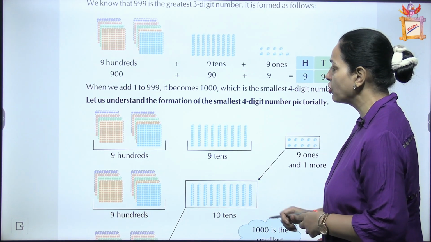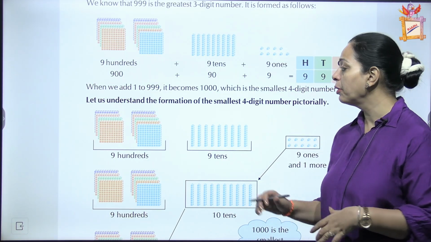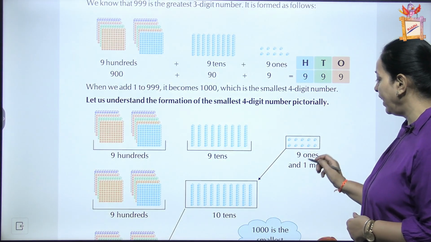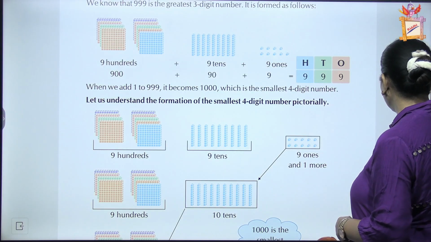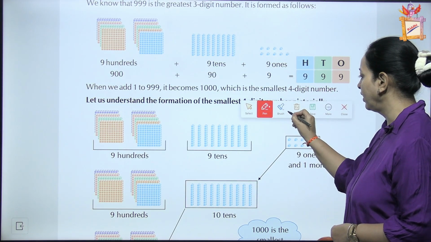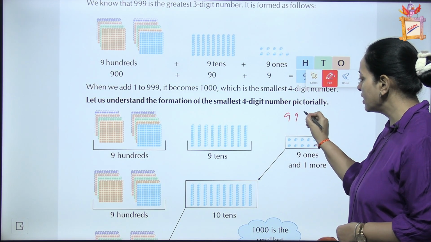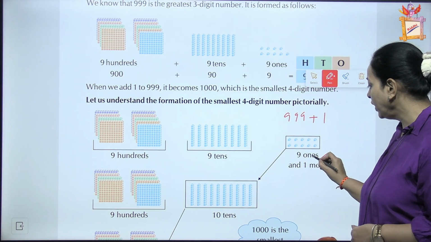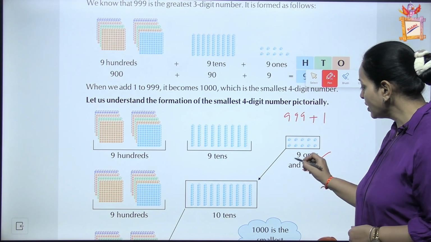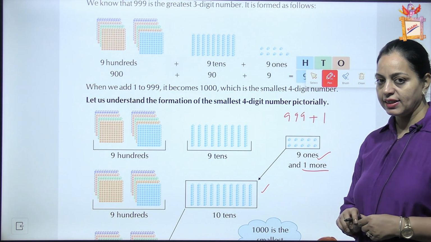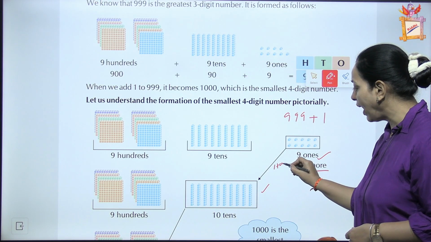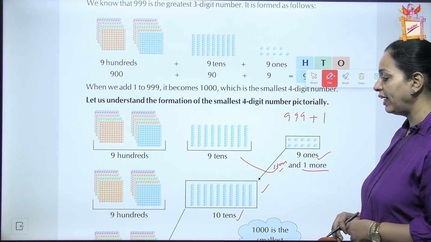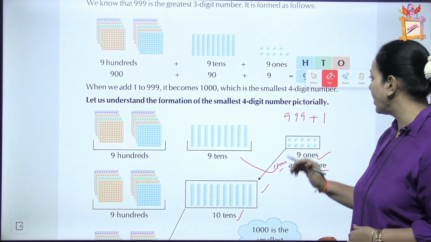Let us understand the formation of the smallest 4-digit number pictorially. See, here 9 hundreds, 9 tens and 9 ones. We have 999. We are adding 1 here. So now we have 9 ones and 1 more. This becomes 10 ones, so this becomes 1 ten and adds to 9 tens, making 10 tens. The 900 stays as it is.